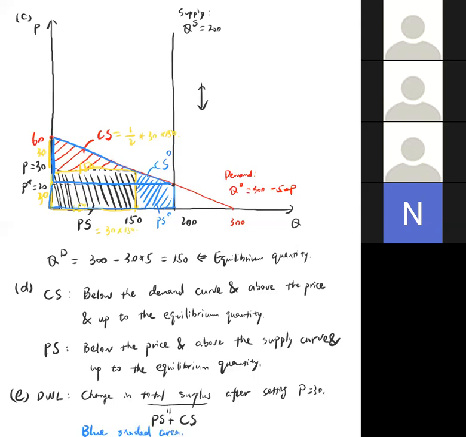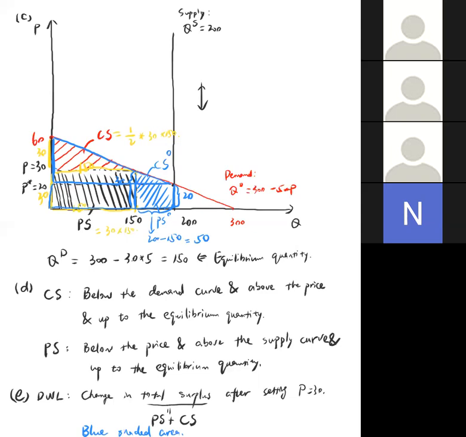He's not asking you to calculate the region, but if he did ask you to calculate, we know that for the trapezoid, this part has length 20, and this part has length 30. And its height is just 200 minus 150, which gives us 50.